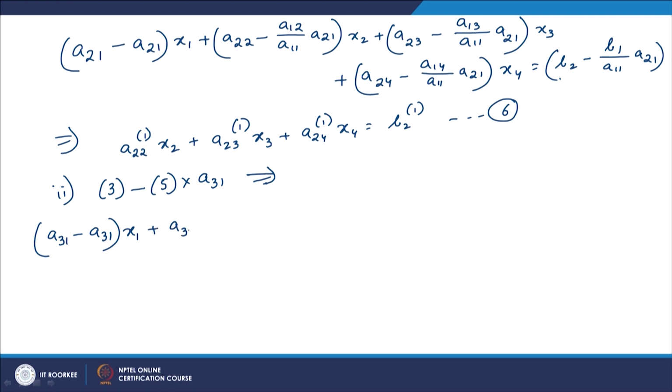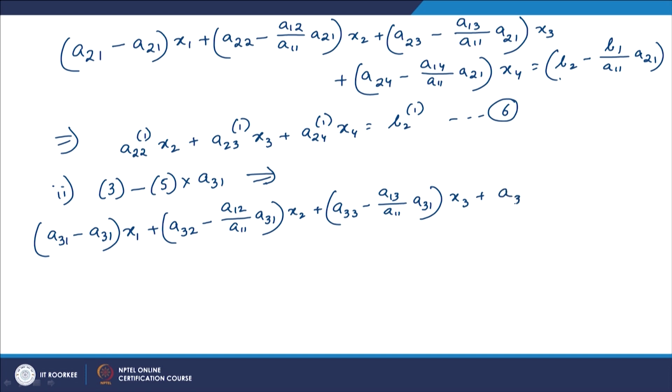Then we get A32 minus A12 by A11 into A31 x2, plus A33 minus A13 by A11 into A31 x3, plus A34 minus A14 by A11 into A31 x4, equal to B3 minus B1 by A11 into A31.